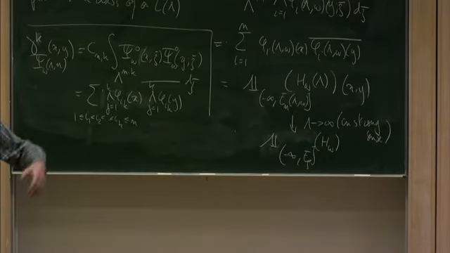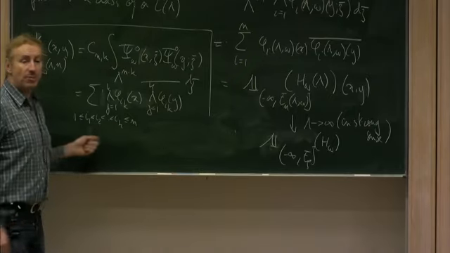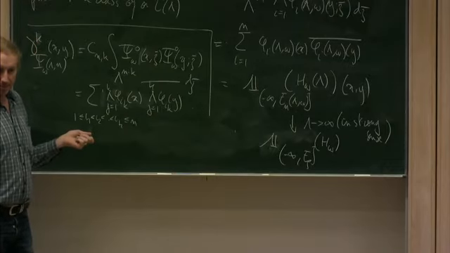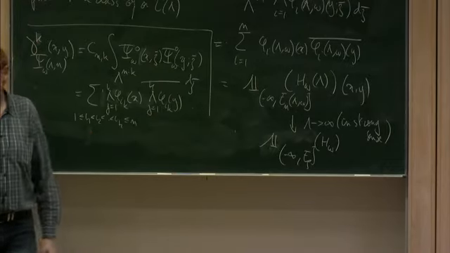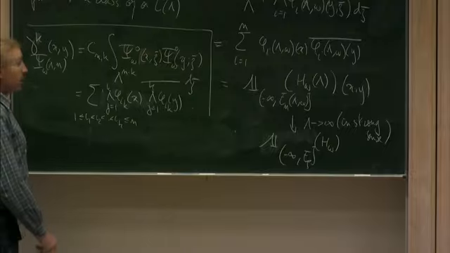So this is the sum over all the groups of k fermions that you can form from the first n fermions. Okay, this is what you get.